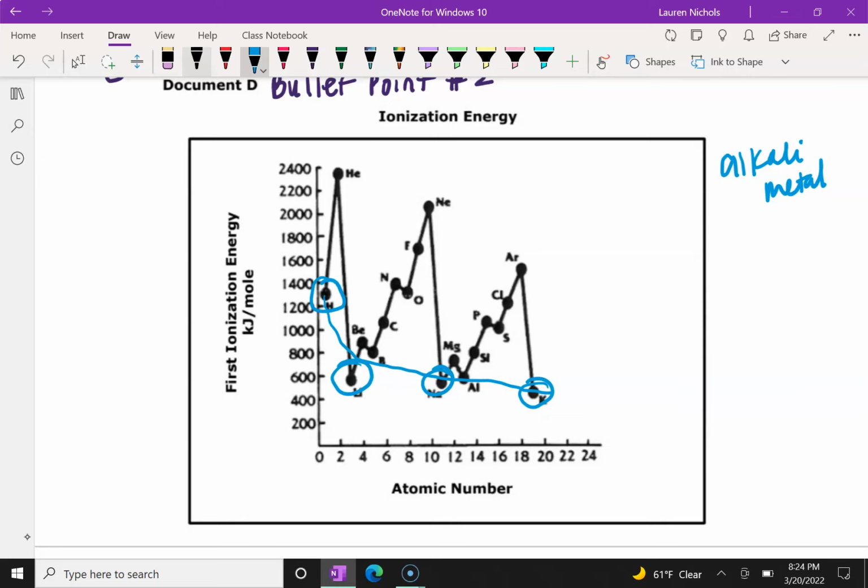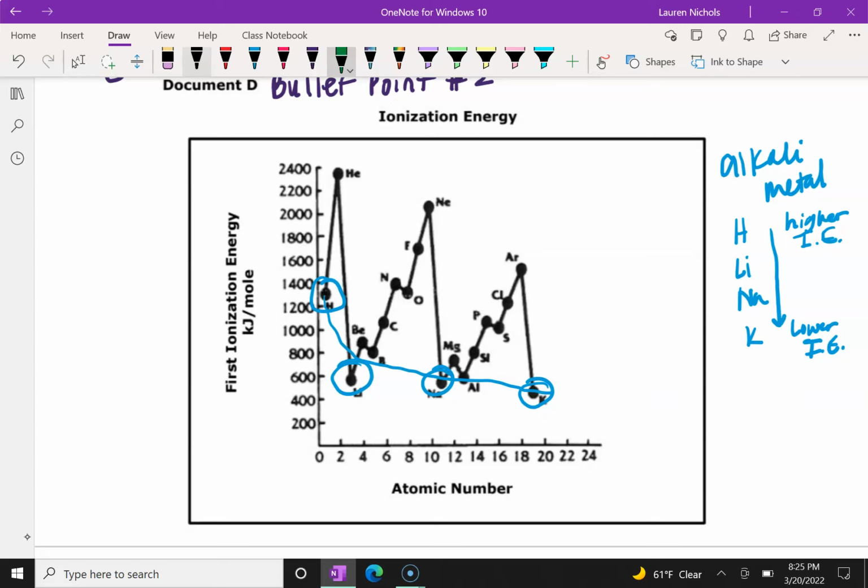So as they went down, the potassium had a lower ionization energy than hydrogen did, which meant hydrogen had a higher ionization energy.